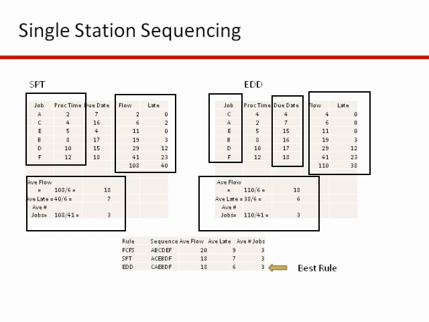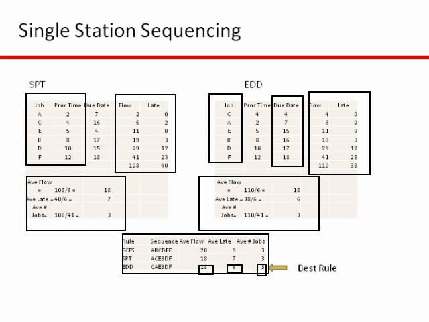Then I can calculate my metrics. So if you compare the metrics now, you can see that the earliest due date is tied for the lowest average flow. It does have the lowest average late, and it's tied for the average number of jobs. So it is the best rule.